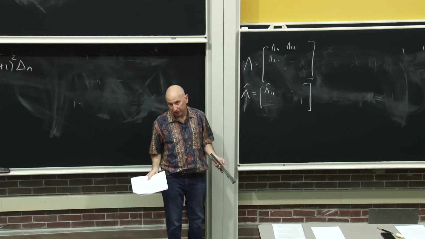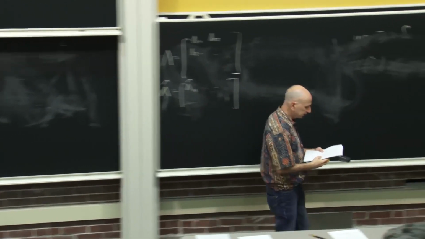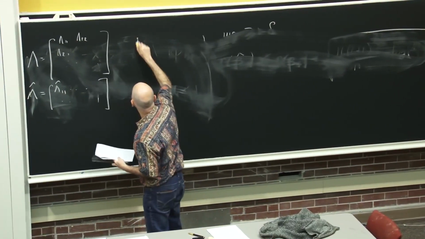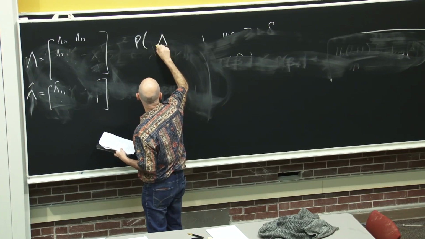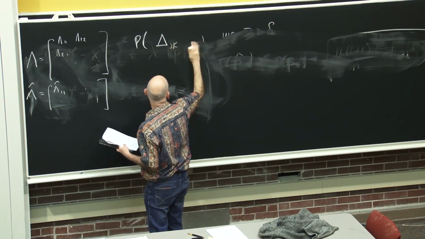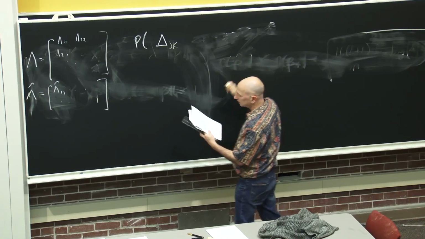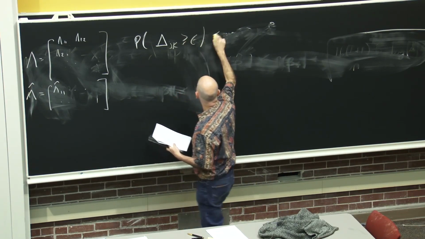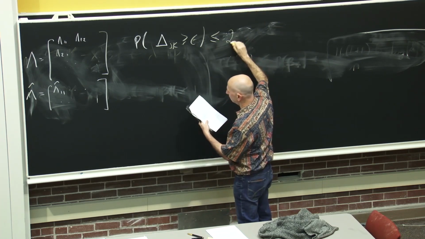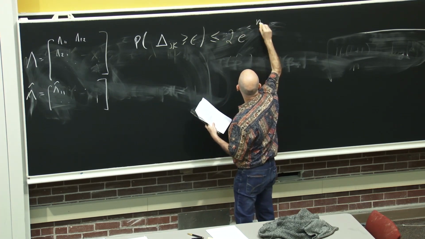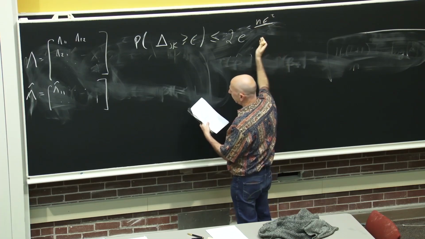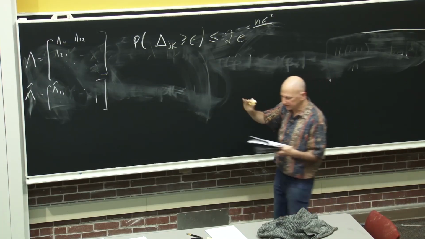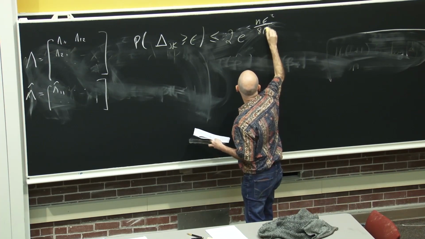Everything's bounded. We can use our old friend Hoeffding. So the difference between this and this, that is what delta is. Let's call it delta jk. The probability that it is bigger than epsilon, using Hoeffding's inequality directly, gives us 2 e to the minus n epsilon squared over, the range of these variables can get as high as plus b or minus b, so hopefully I've counted things right, I got 8b squared.